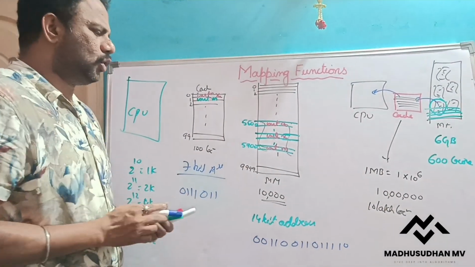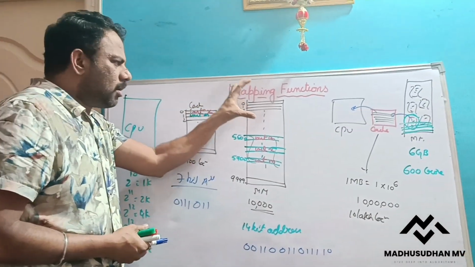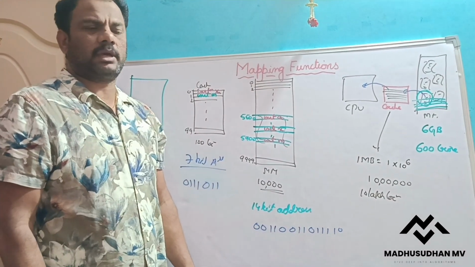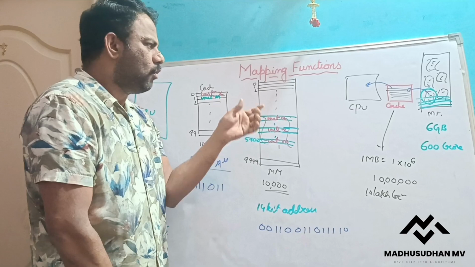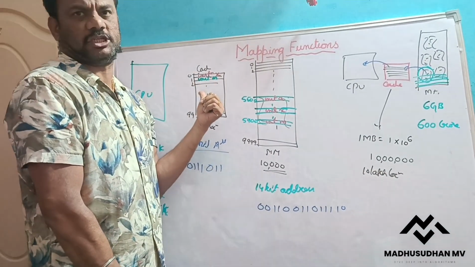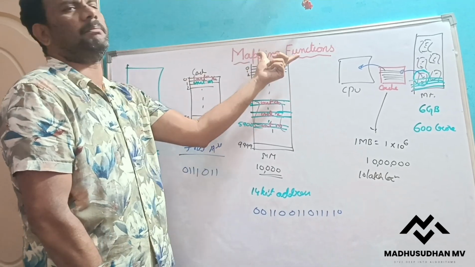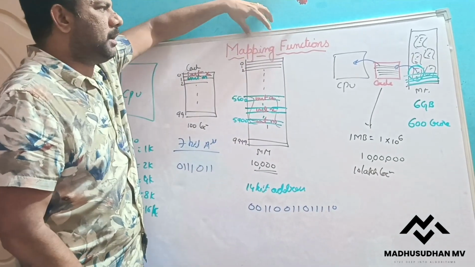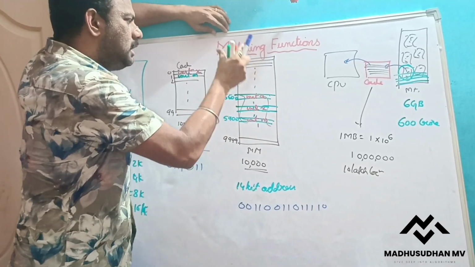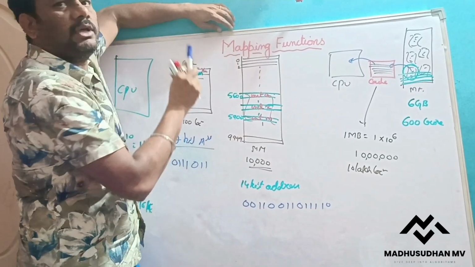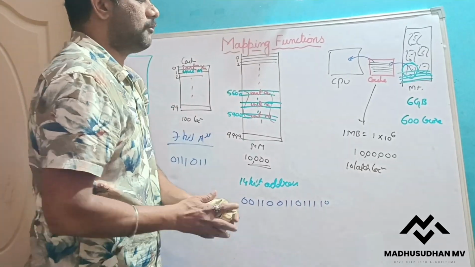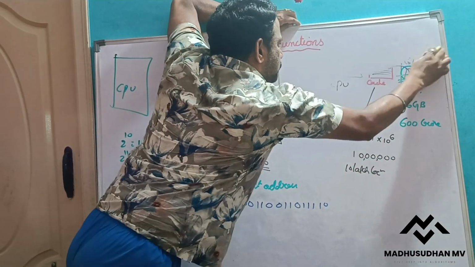That means I need to know which block of the main memory I have brought into which block of the cache. In order to know which block of the main memory is there in which block of the cache, we are using mapping functions. So mapping functions tell us which block of the main memory is stored in which block of the cache memory. There are 3 main mapping functions we are using.